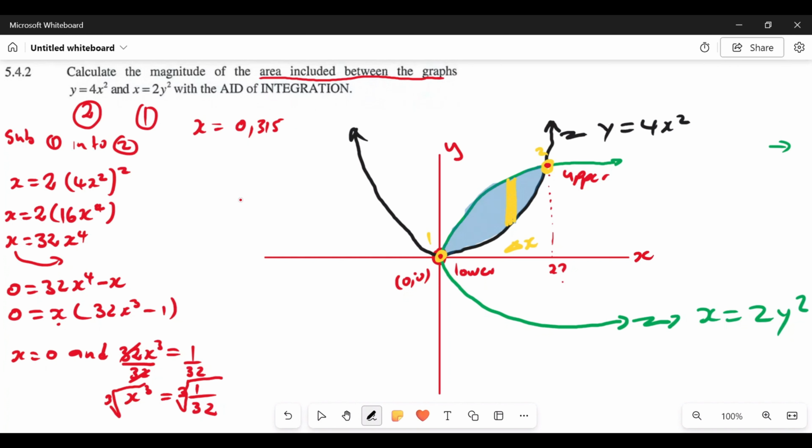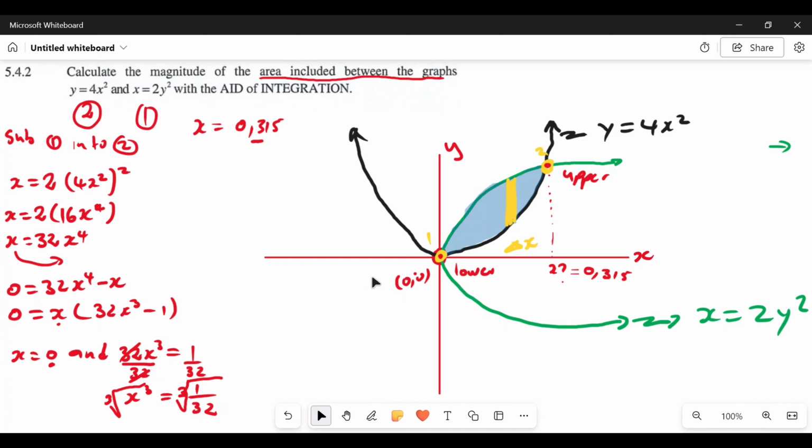So this here, guys, is our upper limit for x. Now that we have the lower limit, which is x equals 0, and the upper limit, which is x equals 0.315, we can start calculating the area.